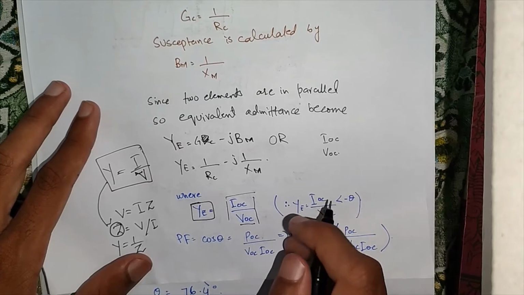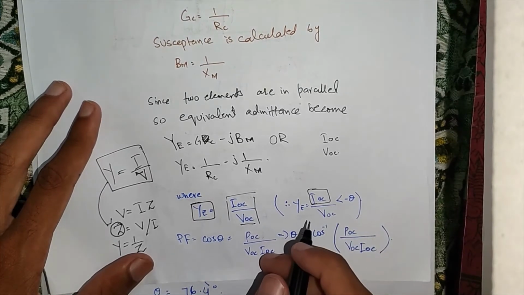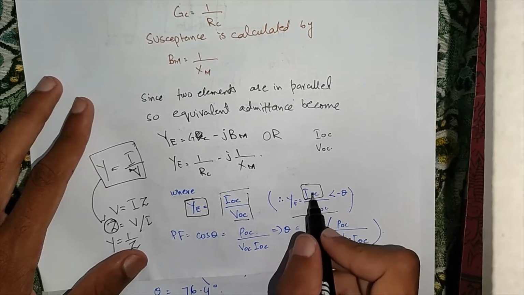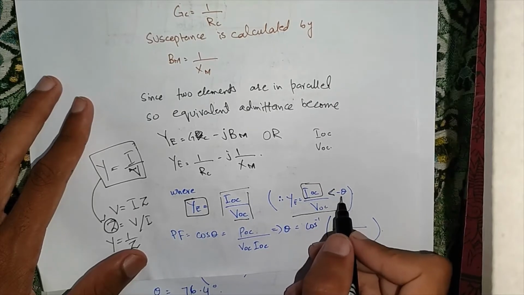Or if we consider the current and voltage with phase angle, the resultant admittance will become YE equal to IOC divided by VOC with a phase angle of minus theta.